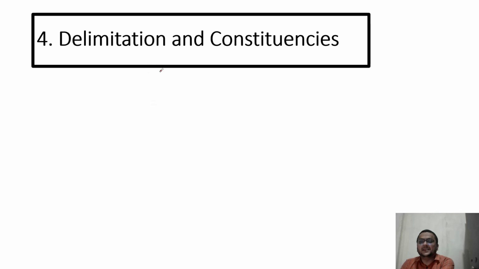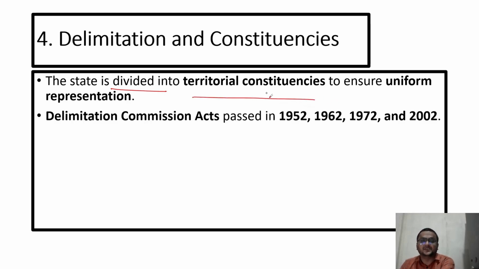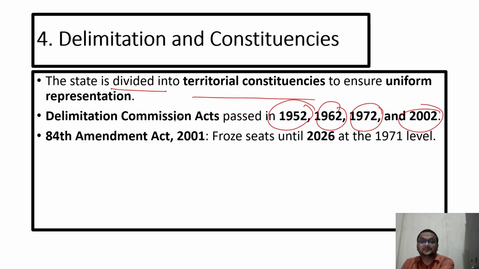Next is delimitation and constituency. For the election of the state legislative assembly, the state is divided into territorial constituencies to ensure uniform representation. The Delimitation Commission Act was passed in 1952, 1962, then 1972 and 2002 likewise.